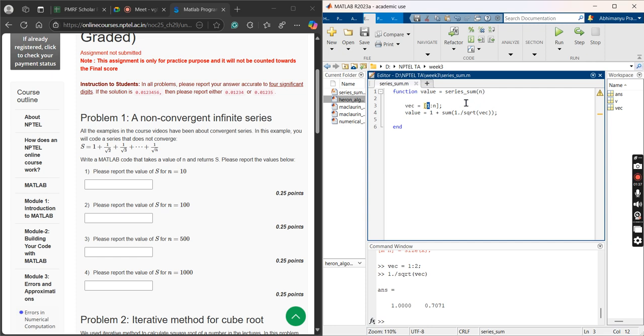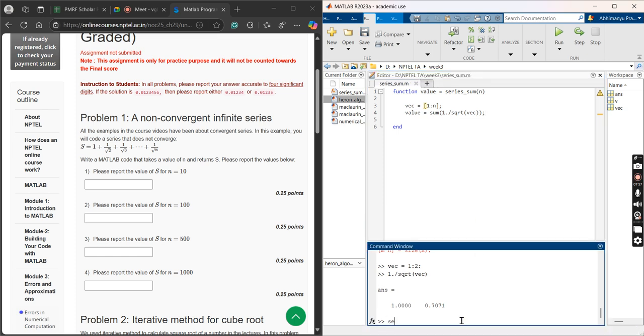If I'm using 2, then this already has 1 over here, so I need not add this 1 over here. I just need to take a sum of this, right? So now if I run series sum 2, then I should get 1.7017.